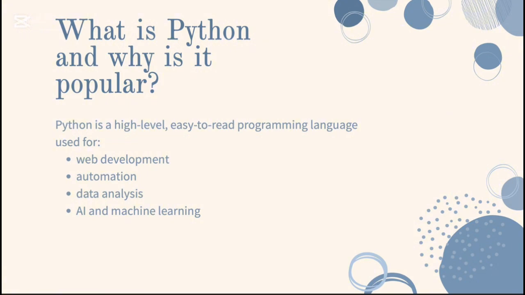You can use it for various purposes like web development, data, AI, and machine learning, and also automation. The reason everyone loves it, it's beginner friendly but still powerful enough for real world applications. That is the most simple definition of Python. It's easy to learn but very powerful.